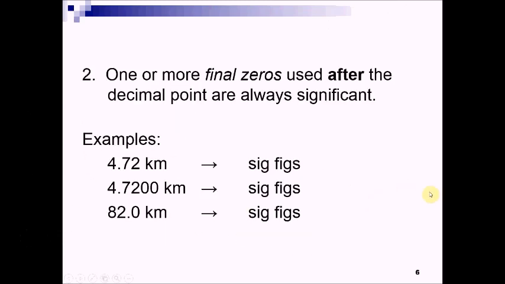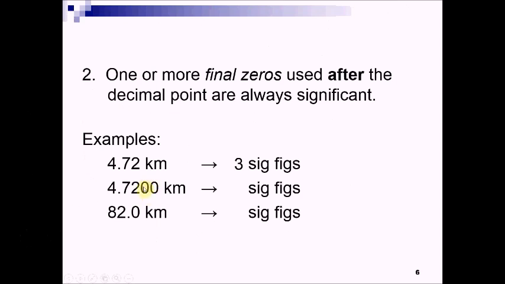Rule number 2, 1 or more final zeros used after the decimal point are always significant. So, okay, first number doesn't have any zeros, 4.72 kilometers. Well, that's 3 digits, that's 3 significant figures. But what about here? 4.7200 kilometers.